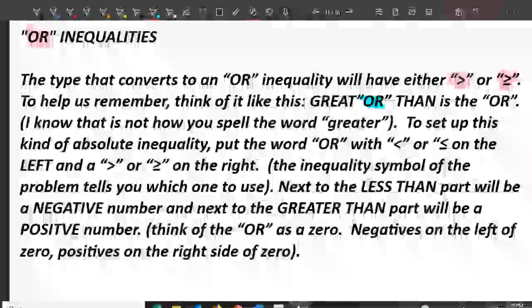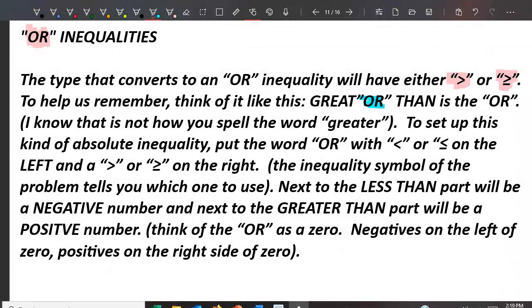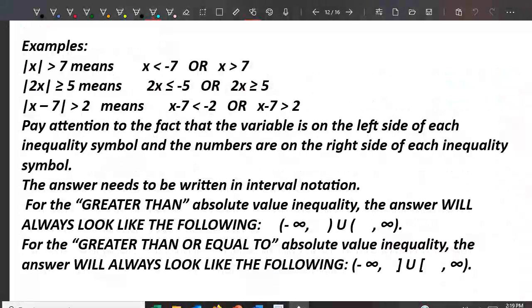Now, just like with the and, on the left side we're going to have a negative number, and on the right side a positive number. You also got to think of that or as a zero. Negatives on the left of 0, positives on the right of 0.